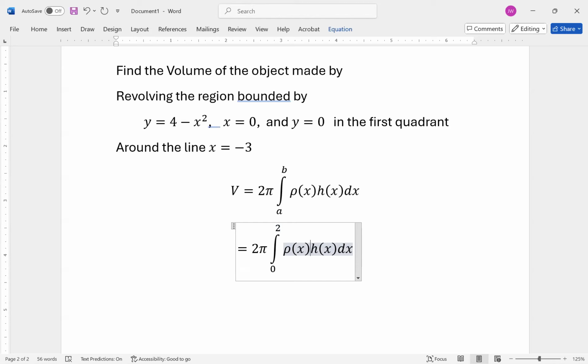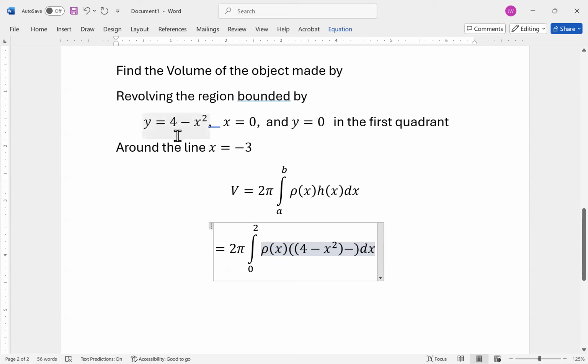The height of the cylinder is the height of the rectangle. In terms of x, the height of the rectangle goes from 4 minus x squared down to 0. That is y equals 4 minus x squared to y equals 0.